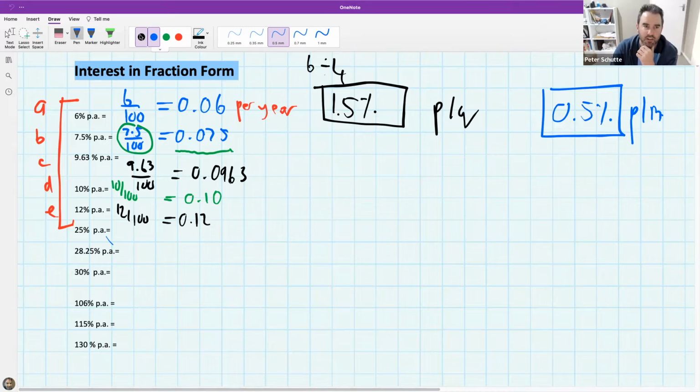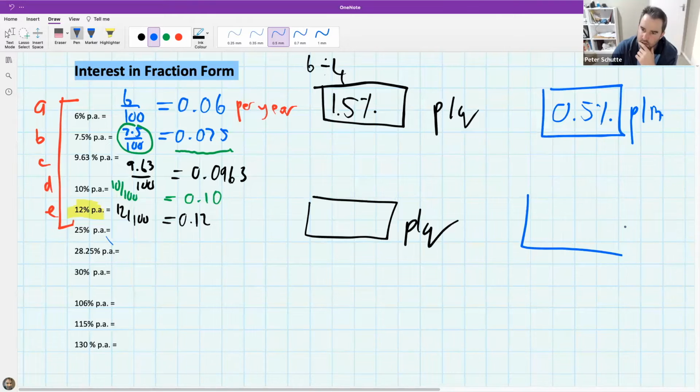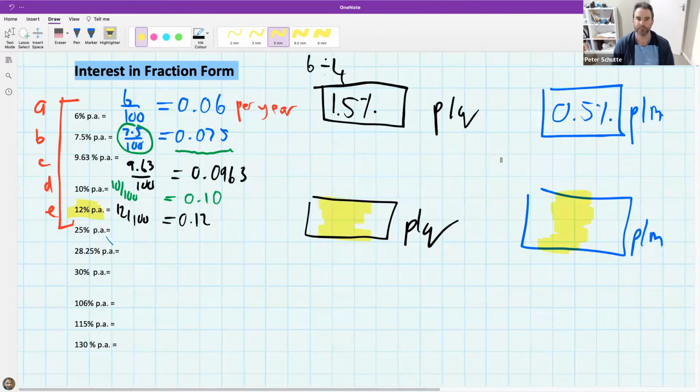Okay, so using the same idea, let's go down to 12% per annum. I want to know what is the interest rate per quarter for that one, and what is the interest rate per month for that one. Okay, so 12% per annum, what's that going to be per quarter?